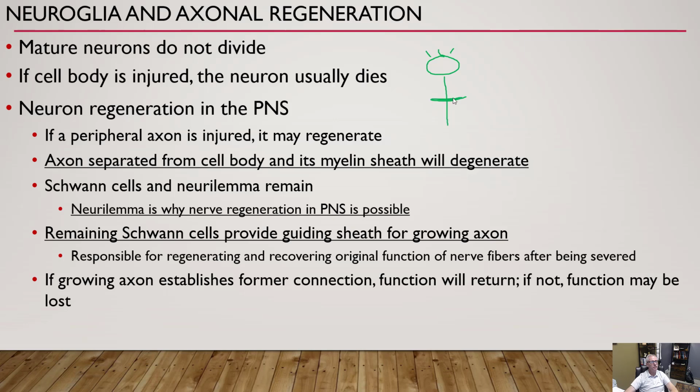Let's say you sever a nerve. Sometimes that nerve can regenerate if it's in the peripheral nervous system. If it's in the central nervous system, chances are it's not going to regenerate. But in the peripheral nervous system, if that axon is injured, it may regenerate.